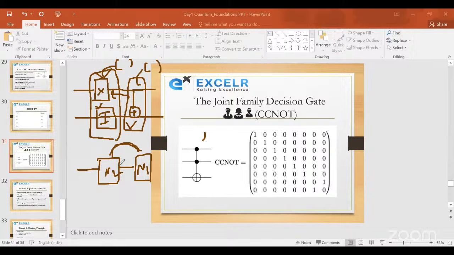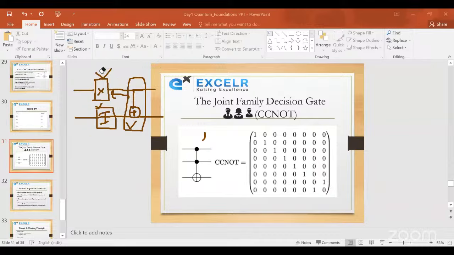So for the same example, the parallel combination means tensor multiplication of the X matrix with the I matrix. The X matrix is 0, 1, 1, 0.